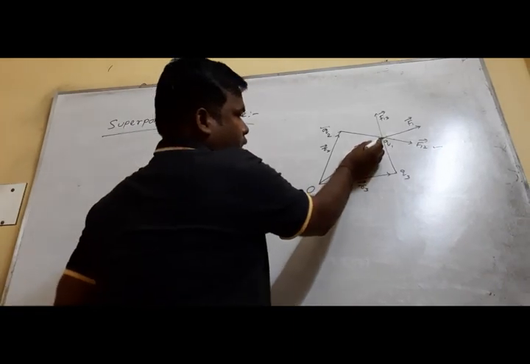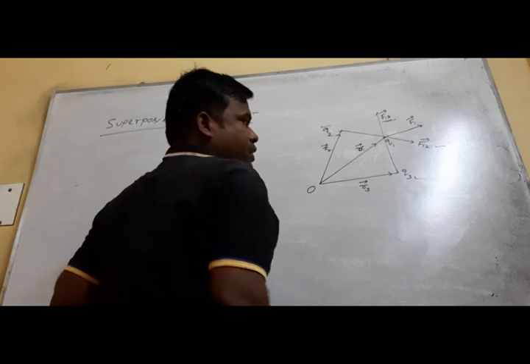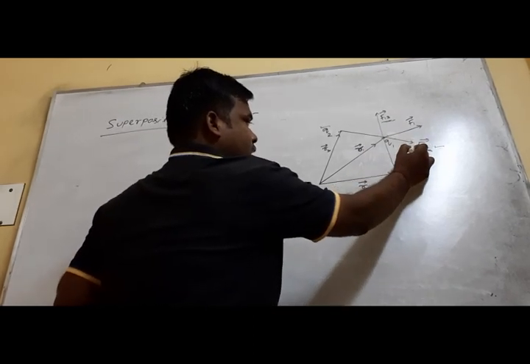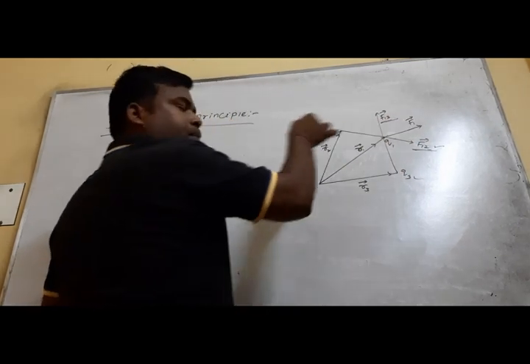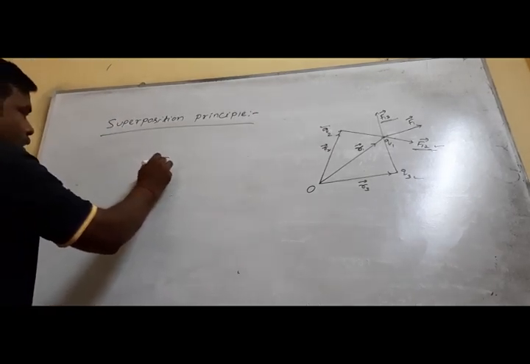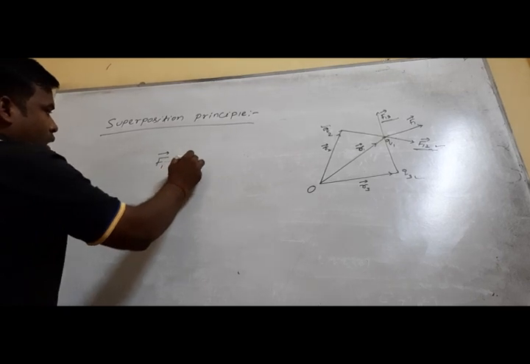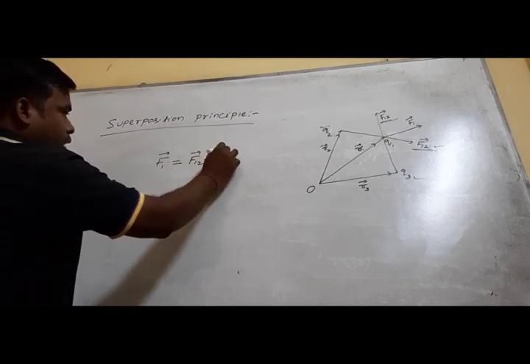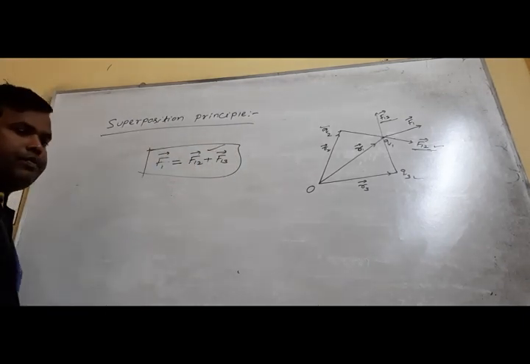Similarly, force acting upon Q1 due to Q3 is F13. So these are the two forces acting upon Q1, that is F12 and F13. So what is the net force acting upon Q1? Net force acting upon Q1, let it be F1, is equal to F12 plus F13. It is the vector addition.